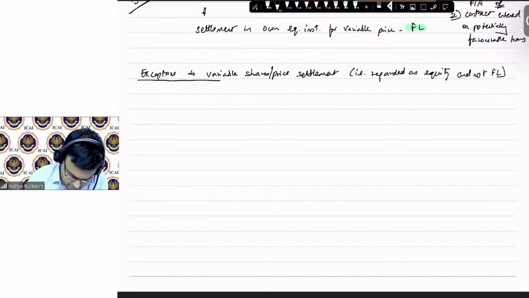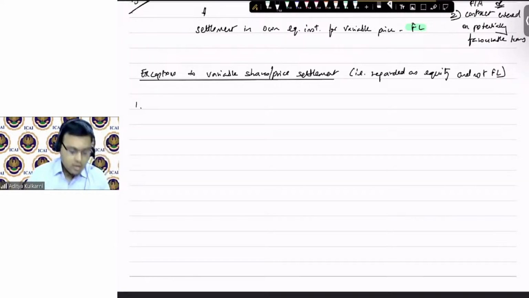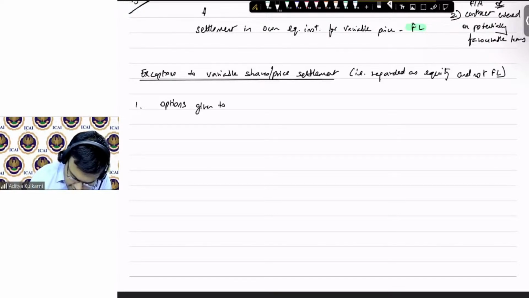Okay. Let us take a quick look. First one. Suppose options are given to purchase shares of an entity. We understand with an example.